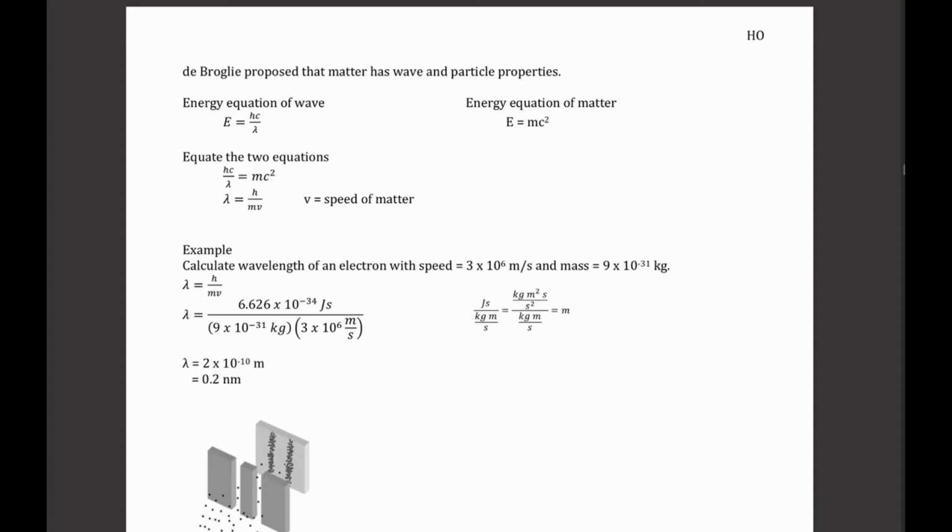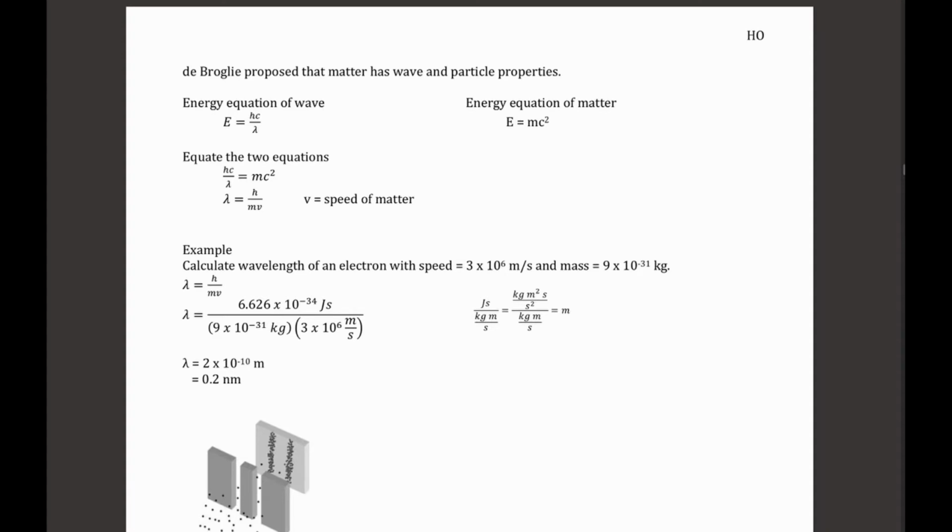We would use lambda equals h over mv, put in our value for h, the Planck's constant, and divide by the mass of whatever matter we're talking about, times its velocity.